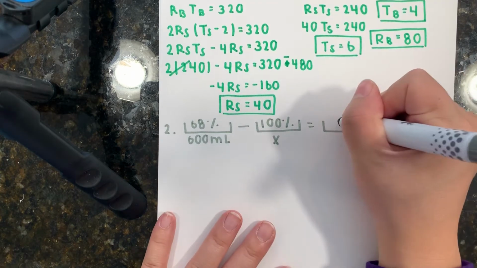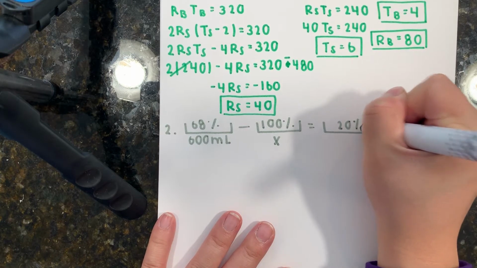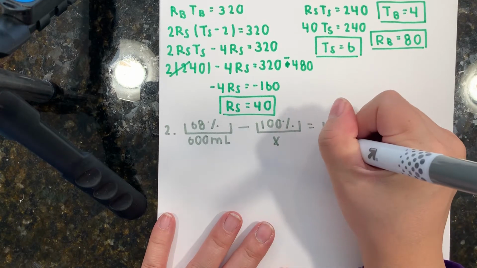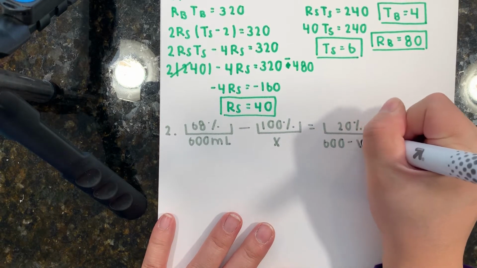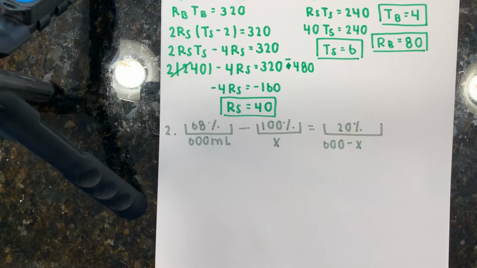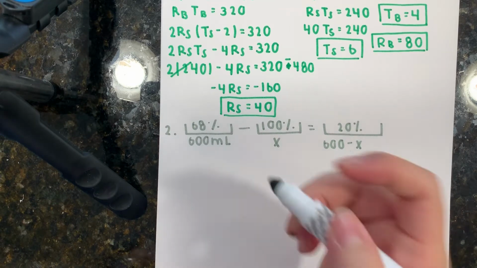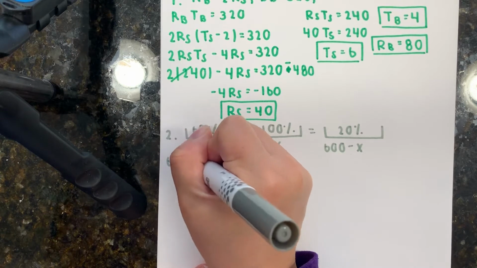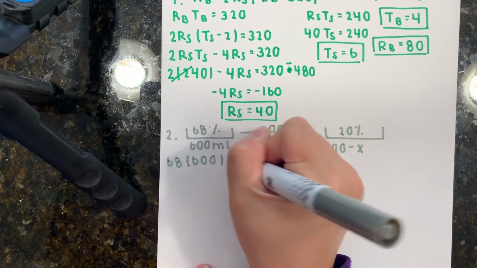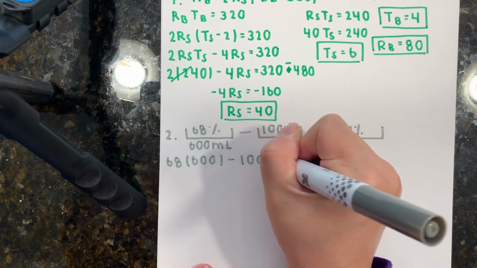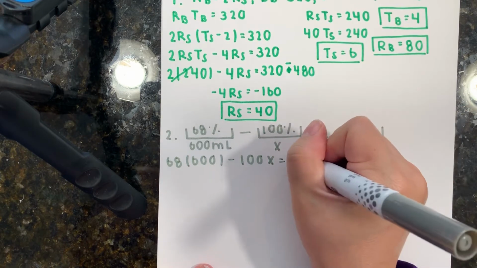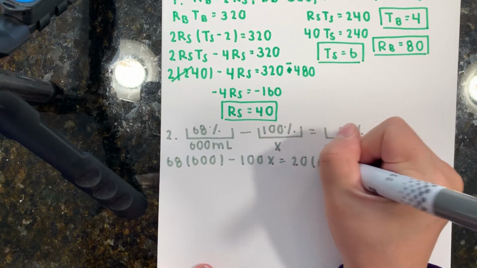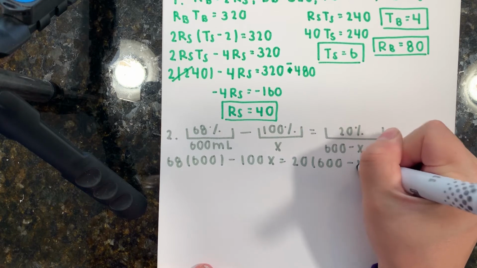But our ending solution should be 20% alcohol, and it would be starting with 600, then taking away a certain amount from it. Now I'm going to multiply that, so it would be 68 times 600 minus 100x is equal to 20 times 600 minus x.